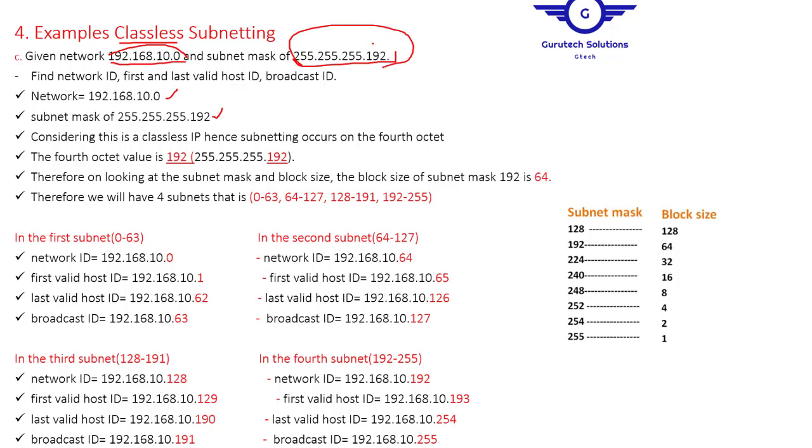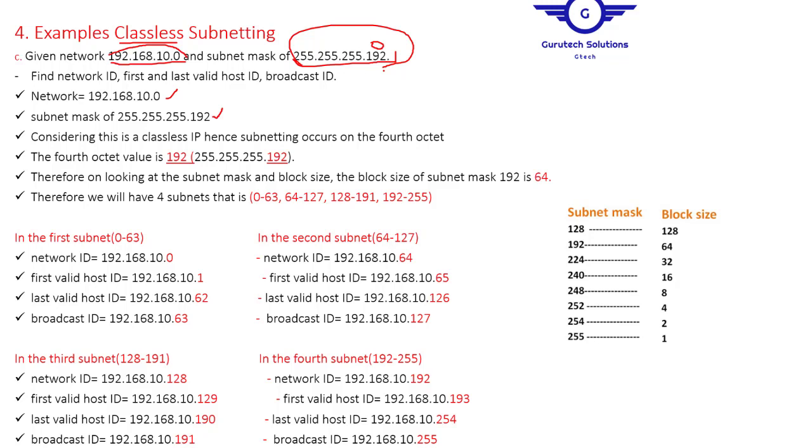A class C subnet mask should end with 0, but here it's ending with 192, making it classless. Now it doesn't have any class because it has an unrecognized subnet mask. So we classify it under classless IP address, classless subnetting.